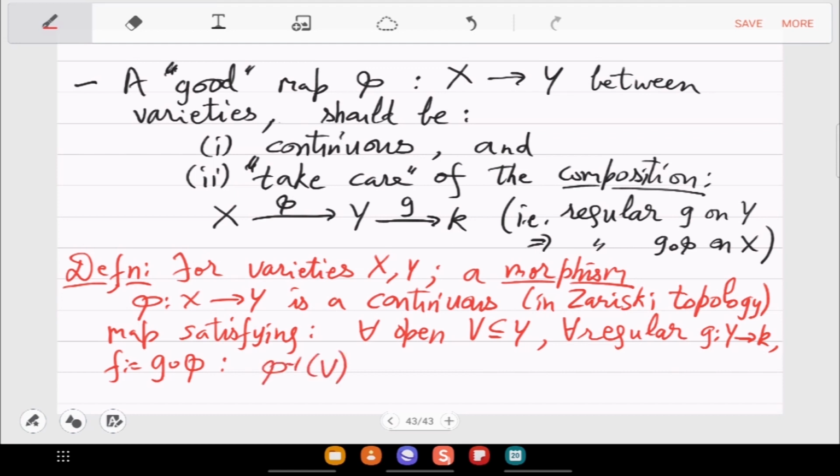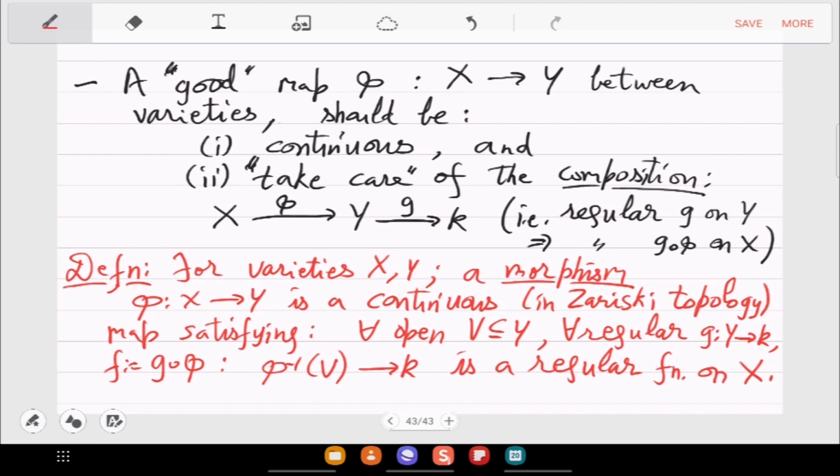So let's look at that. Phi inverse V to k is a regular function on X. Is that clear? So a morphism is just a map between two varieties which preserves all the data that you can think of. It preserves the topological information, it preserves regular functions and whatever is implied.